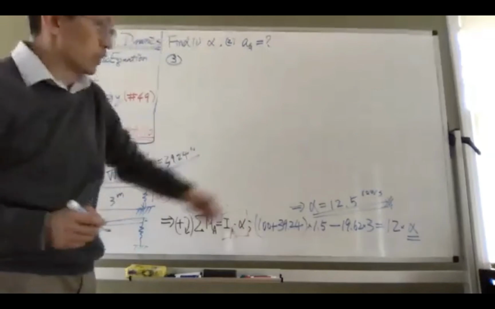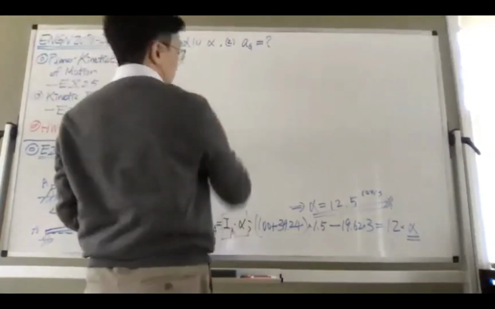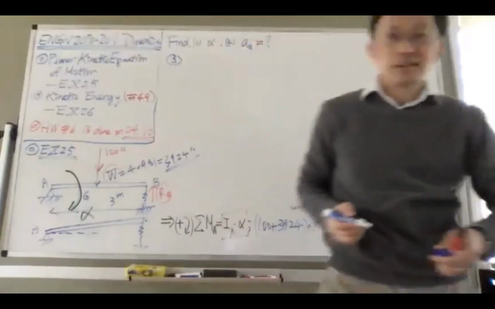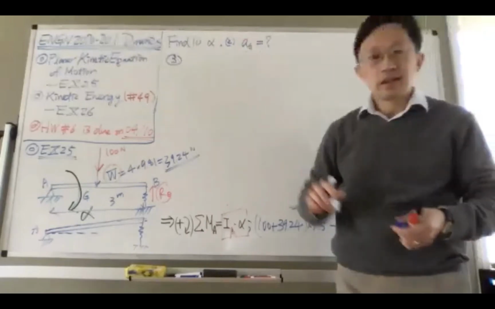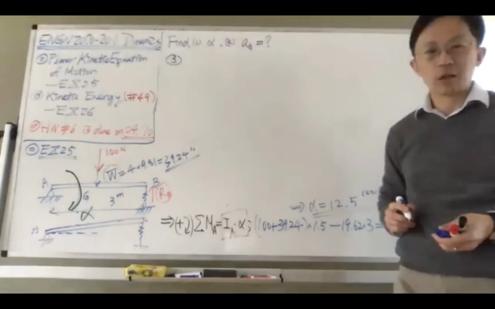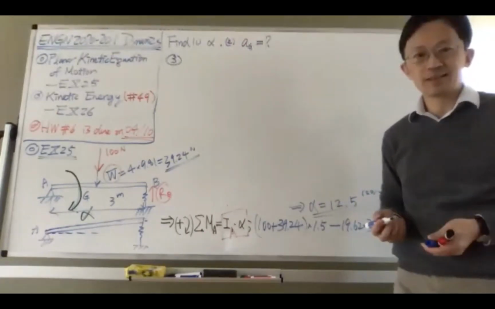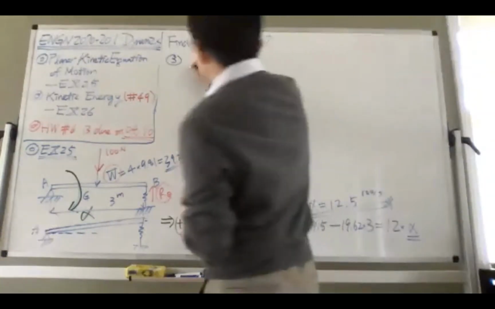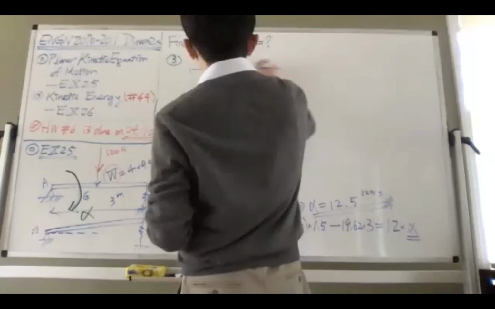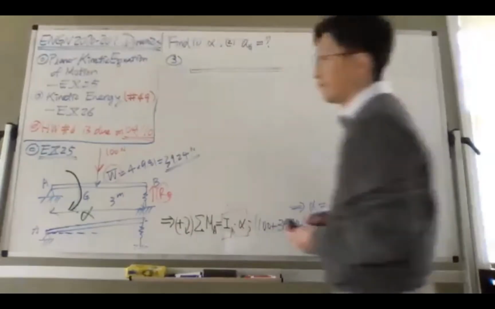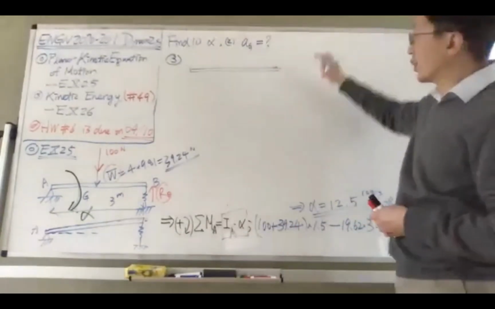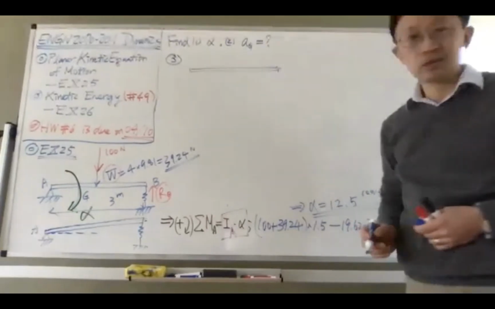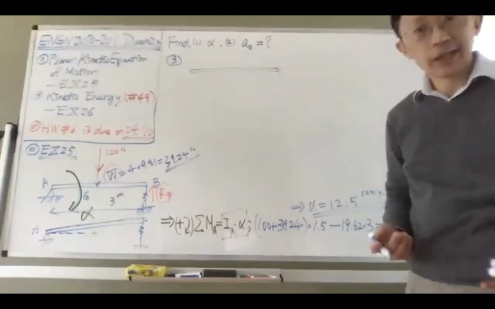Now, if you know the alpha, how do we find the linear acceleration at the center of gravity? How do we do that? Well, there are two different approaches, either by knowing the tangential and normal component, or simply by what we call angular motion.